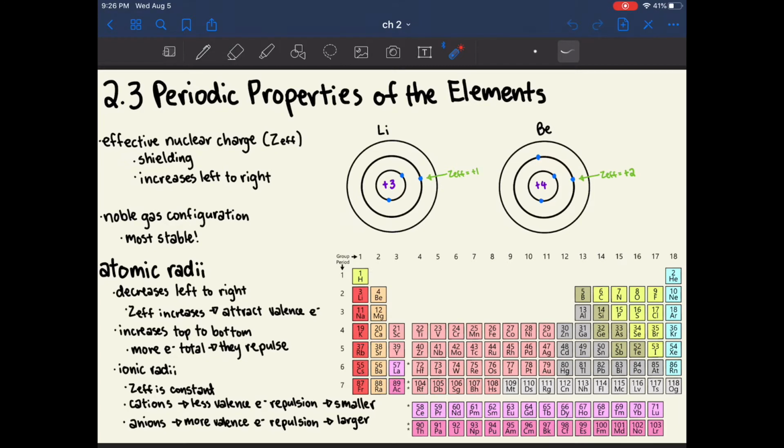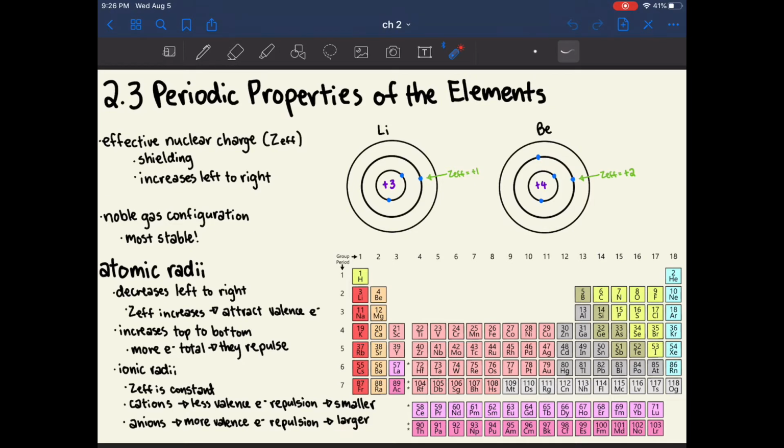With this charge of positive 3, there are 2 electrons in the first shell, which means this first shell has a charge of negative 2. If you look at the valence electron, you take the number positive 3 and subtract 2, because these 2 electrons are effectively shielding the valence electron from the positive 3 charge of the nucleus.